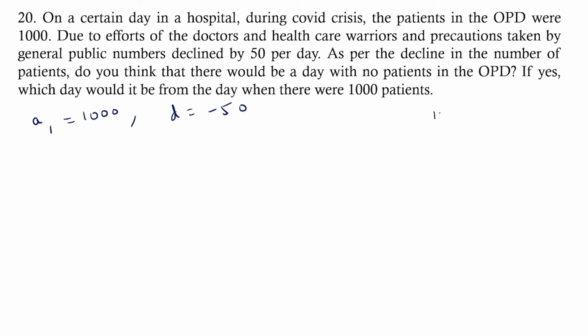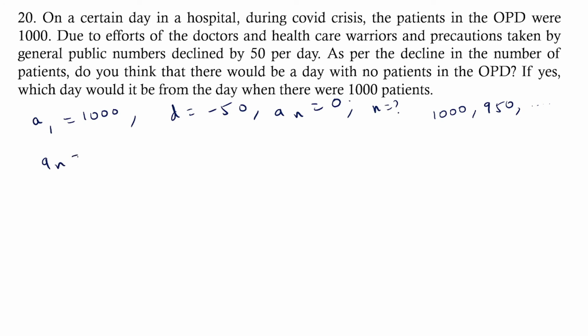On the first day there were 1,000 patients, then next day 950, like that it went on. Now we need to find the day in which the patients reduced to 0. That is, there were no patients at all in the OPD. So we need to find the value of n for which an is equal to 0.